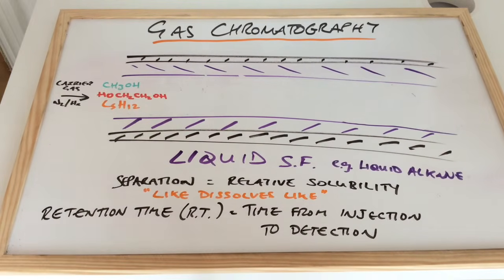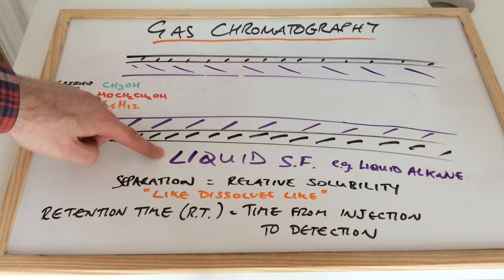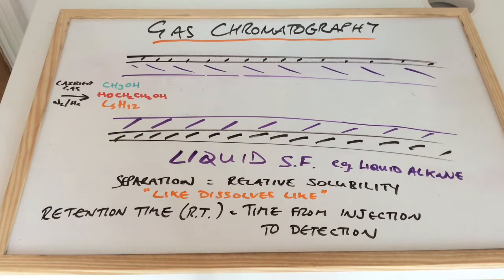So I'm going to get you to think now. I've changed A, B and C into some actual named molecules. So we've got methanol in green, we've got ethane 1,2-diol in red, and we've got pentane in orange. And you'll notice I'm saying now that the stationary phase is a liquid alkane, so something with a very high boiling point which won't evaporate in the oven.